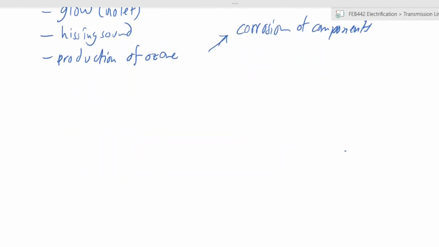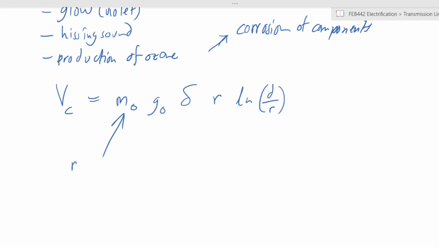So this critical disruptive voltage, we said it is determined by various factors. We will list them here: M0, G0, delta, R, natural log of D over R. M0 represents the irregularity factor.